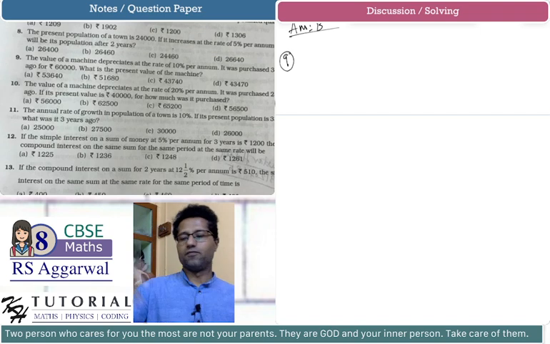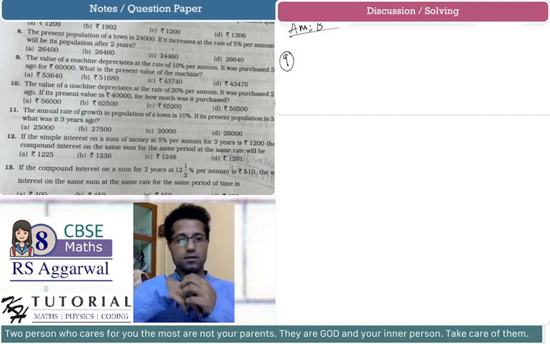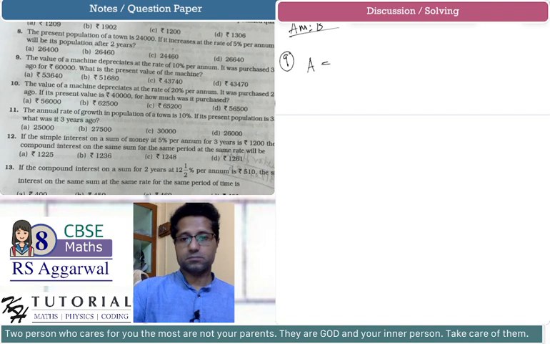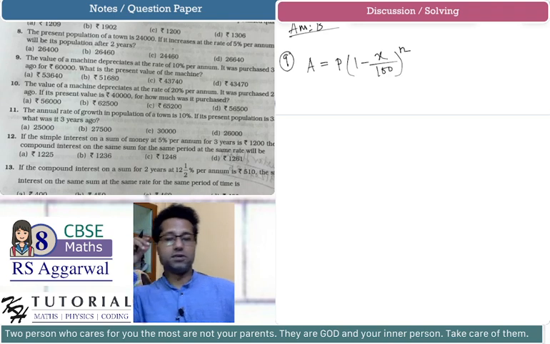Now, for the general formula for the depreciation of a cost, the value of a machine, where the price or the value is decreasing at some given rate per annum, the formula is: A, the value of the machine or the article after n years, will be A is equal to P multiplied by (1 minus X by 100) to the power n, where X is the rate of depreciation of the value of the article per annum, and n is the time period, that is how many years.